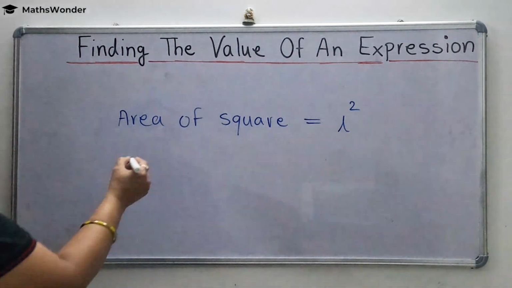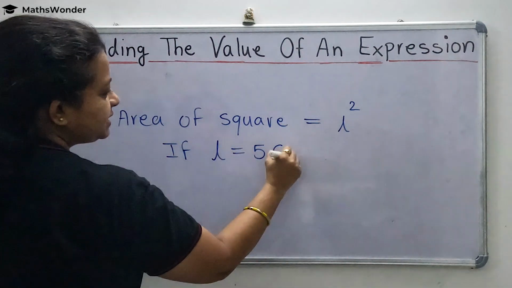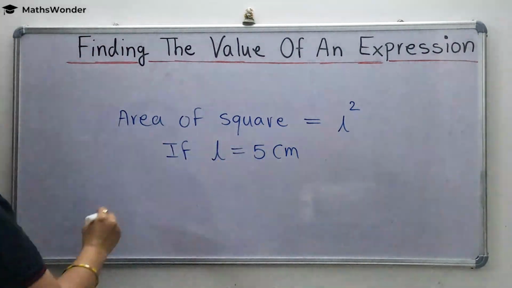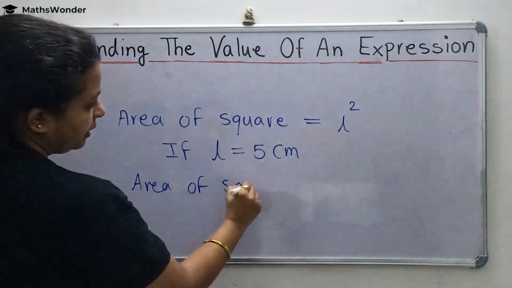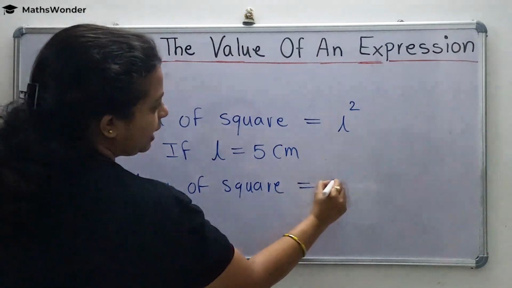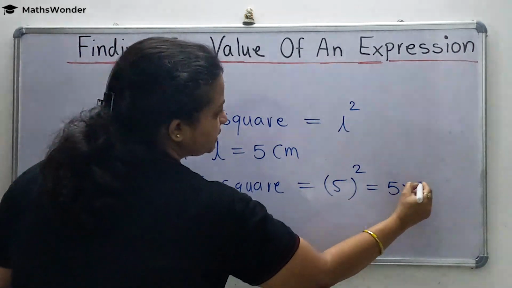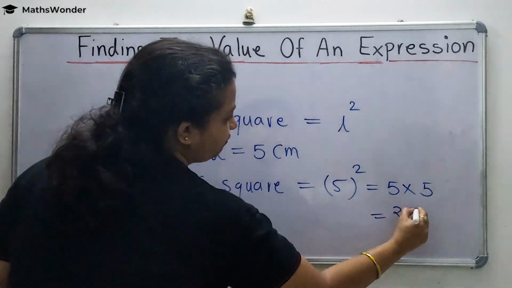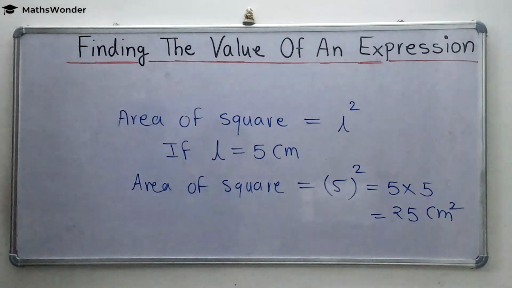So if we substitute L as 5 centimeters, the area of the square will be 5 square, meaning 5 times 5, which is 25 centimeter square, right?